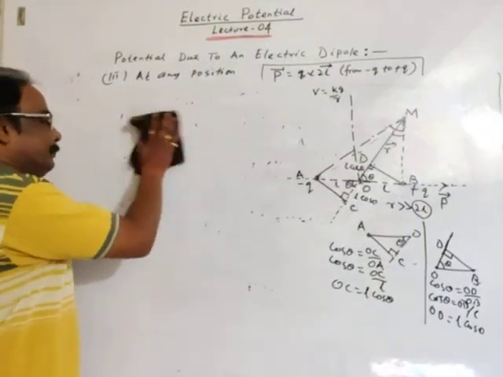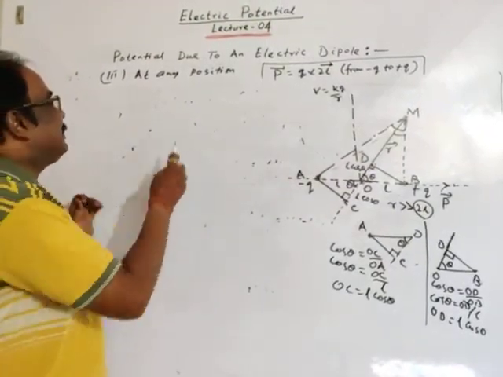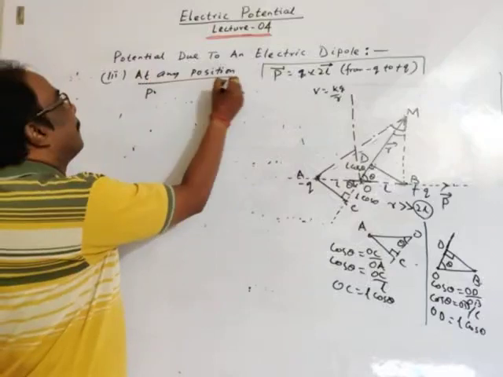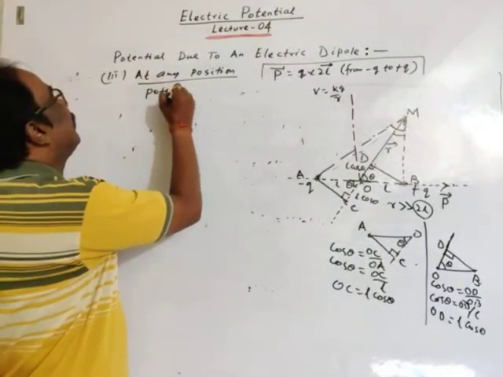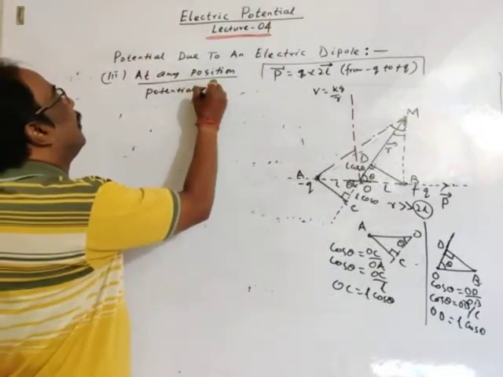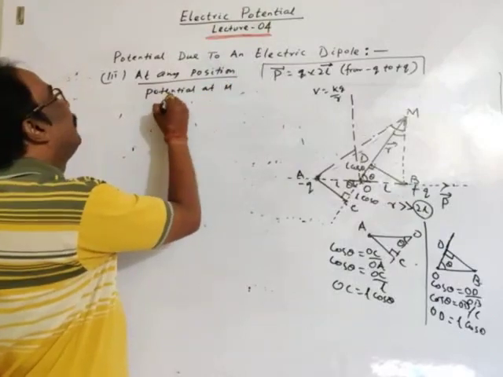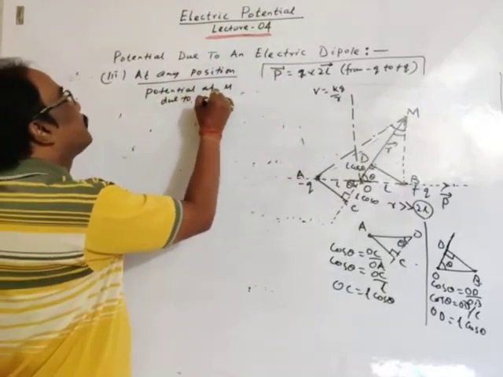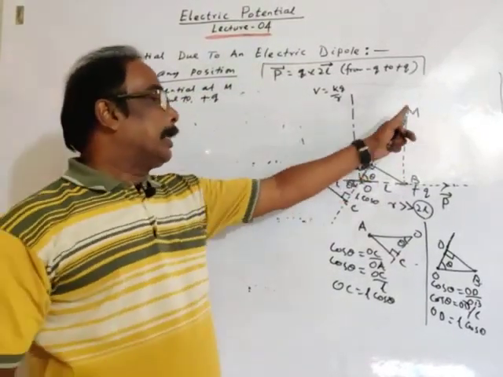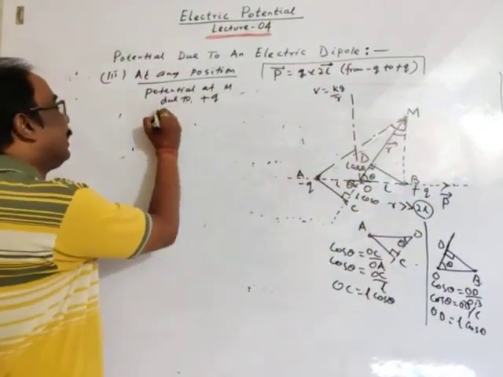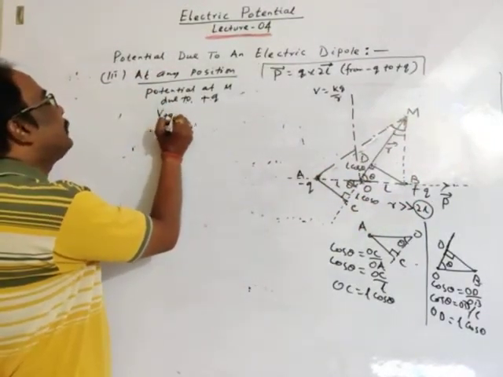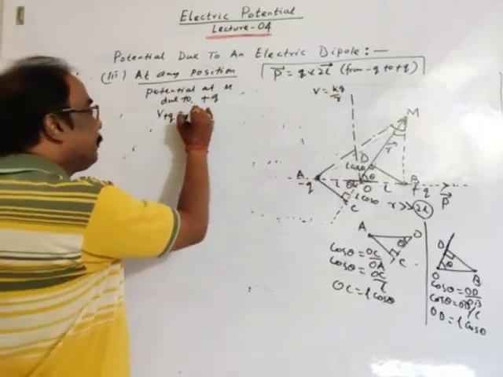Now potential at M due to plus Q. Potential for plus Q is equal to k.